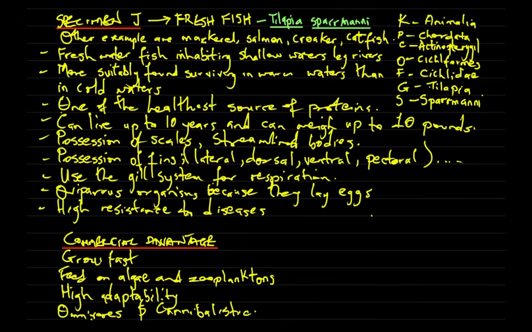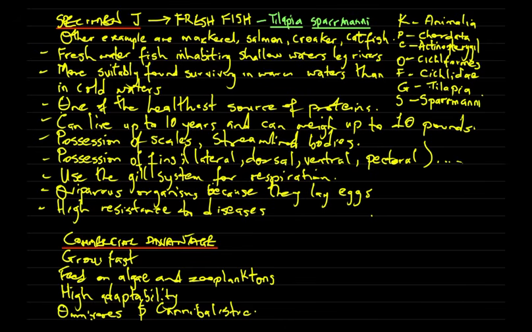If you look at the commercial advantage of this particular specimen, they grow very fast, and that makes it possible for you to make heavy returns from them. They feed on algae and zooplankton. They do not always wait for the food that is given to them, particularly if you are rearing them.